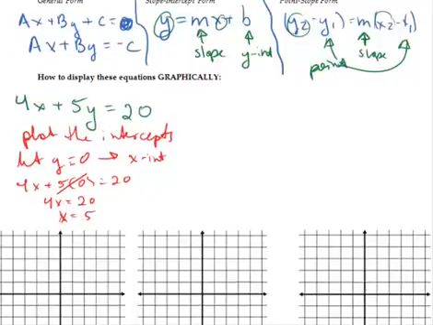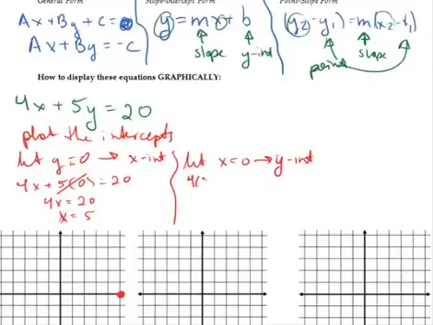So on your graph, 1, 2, 3, 4, 5. There's your x-intercept. And then we also need to get the y-intercept for this one. So over here, let x equal 0. That gives you the y-intercept.